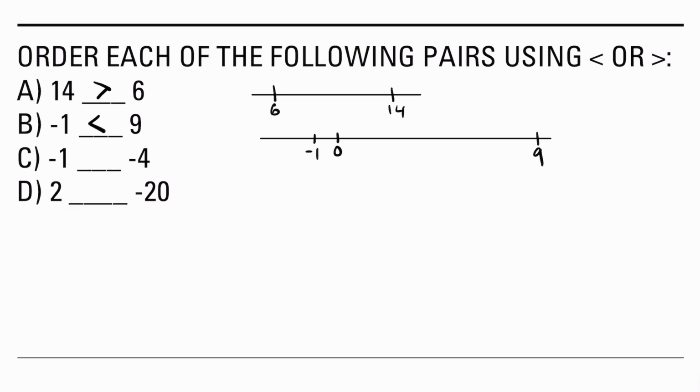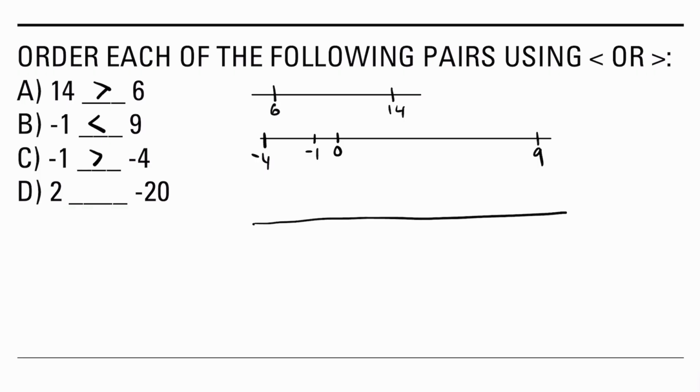Then using this same number line, let's plot -4. So -1, -2, -3, -4. We can see -4 might be somewhere down there. And since we're relating -1 to -4, -1 is further to the right, so it's a larger number than -4. So it must be greater than.